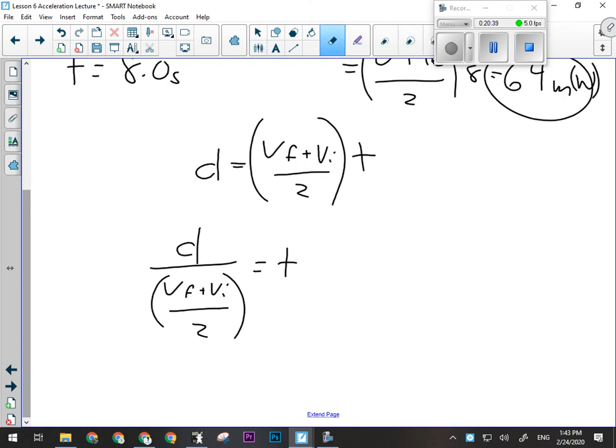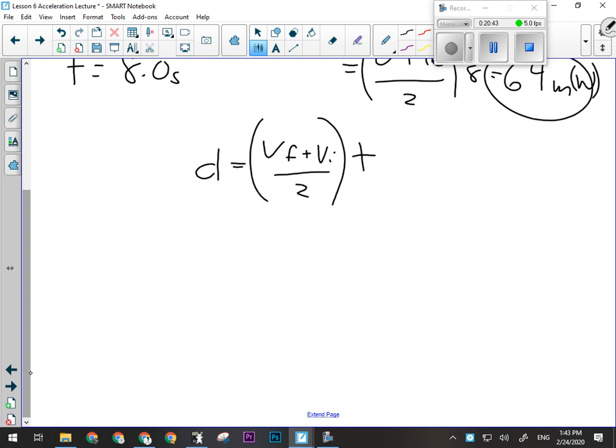Now, if I wanted to find either one of the speeds, what do I have to move first? T. So I'm going to divide both sides by T. This should make sense: D over T equals average velocity, right? So let's say I want to find VF. Doesn't matter, VI or VF, same manipulation. What do I have to do with the 2? Multiply it.